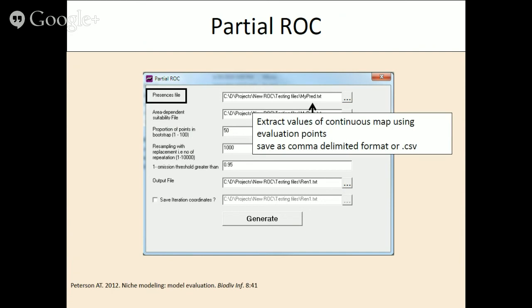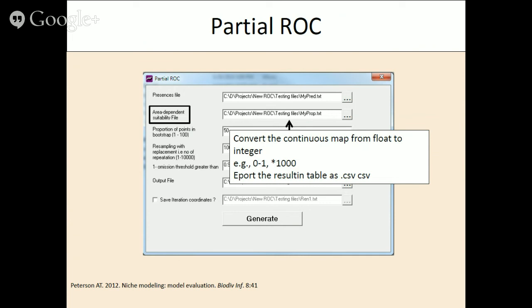But briefly, what we need to do is use the evaluation points to extract the values in the continuous map and transform that information to a CSV file or text file, and then we need to convert the continuous map from decimal values to integer values.